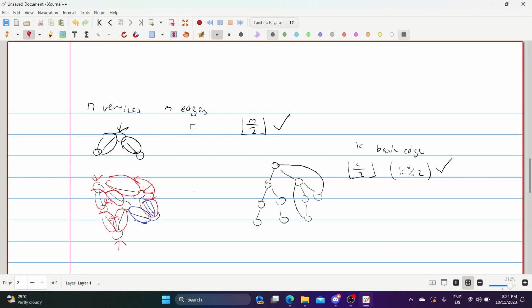Okay, now the final case, how do we handle the back edges? Okay, so we don't really have to handle the back edges yet. All we have to do is we consider the leaf.